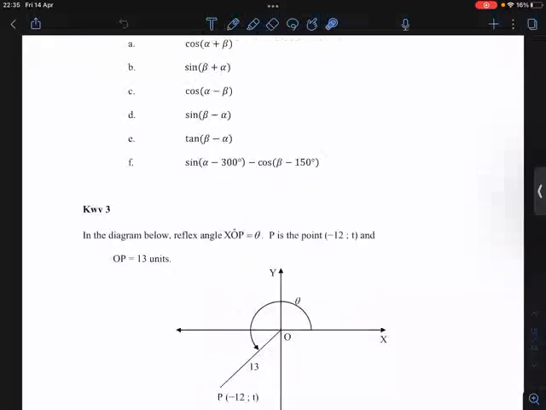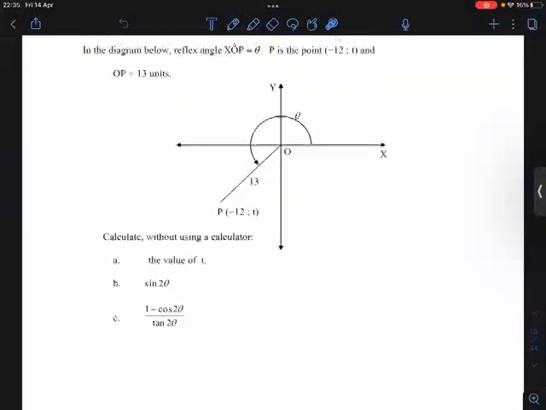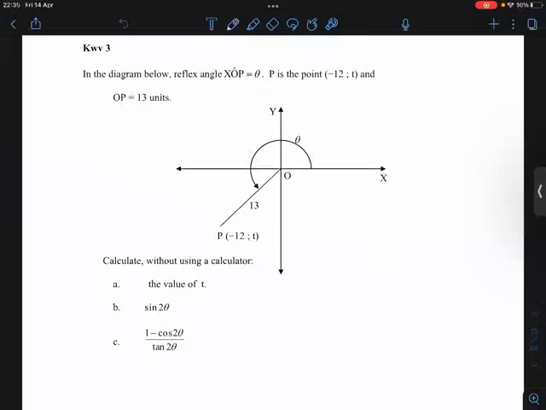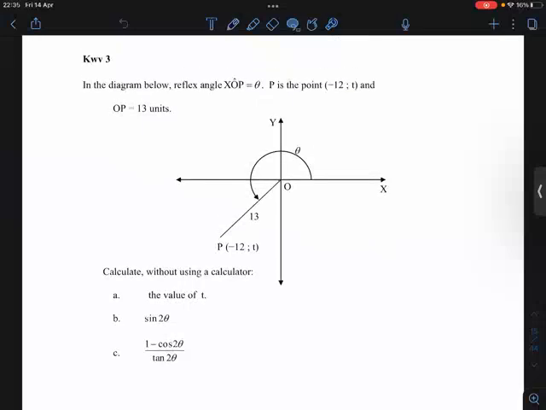So the double angle. Let's look at this. All right. Let's do this question.